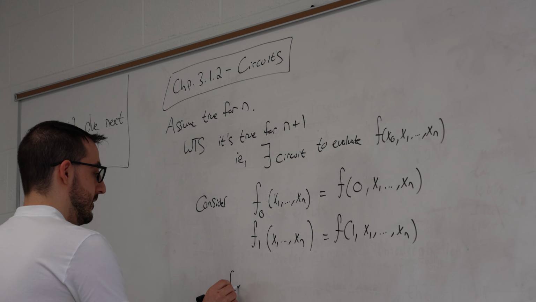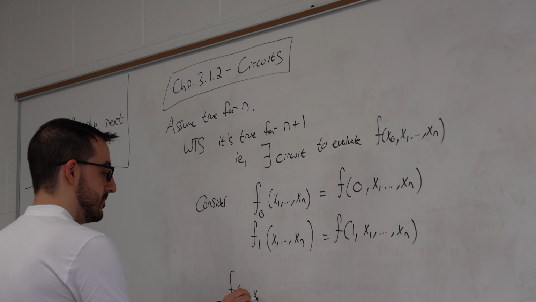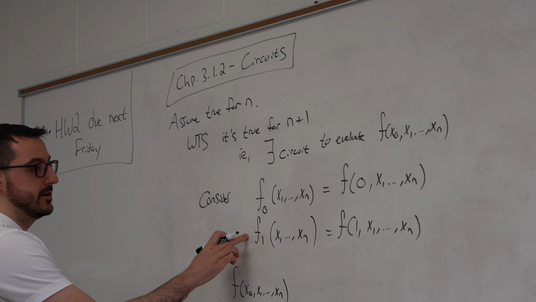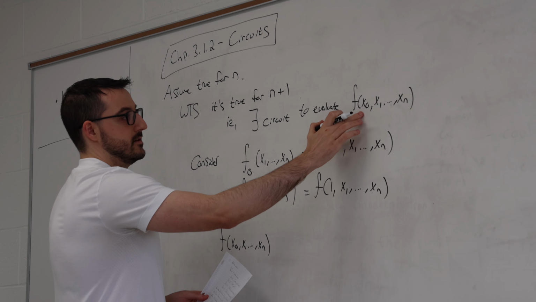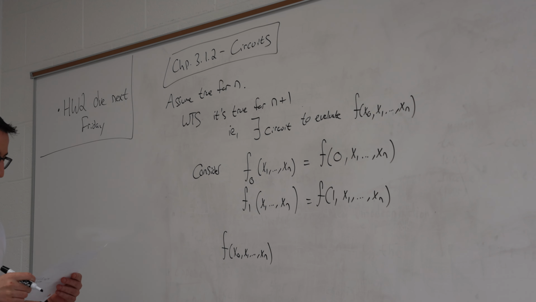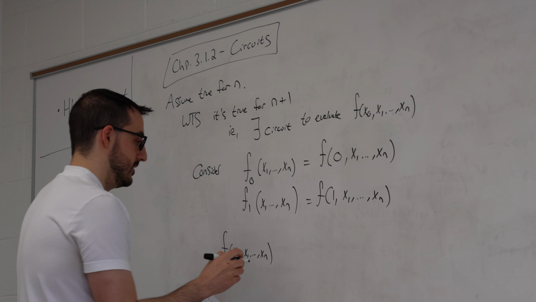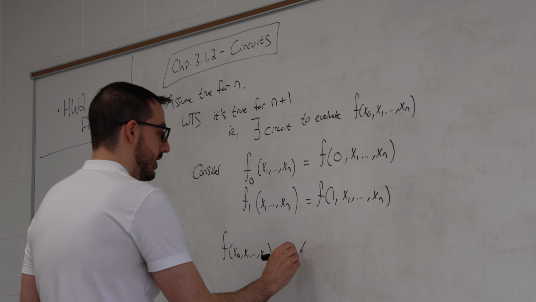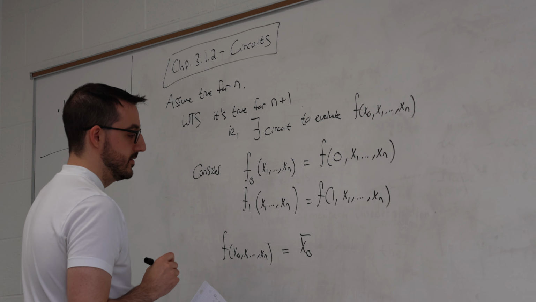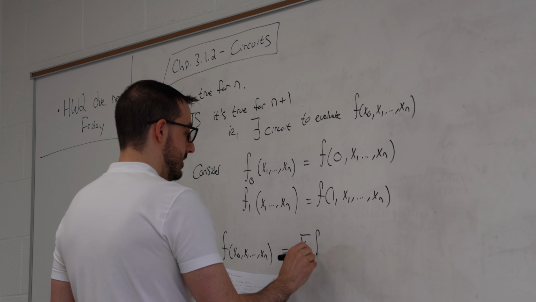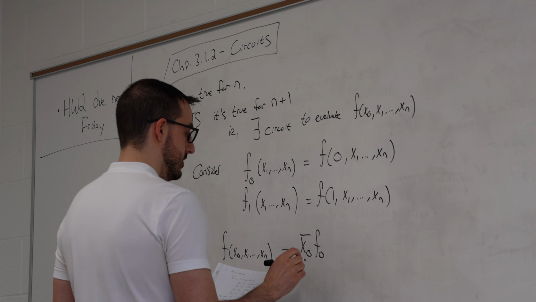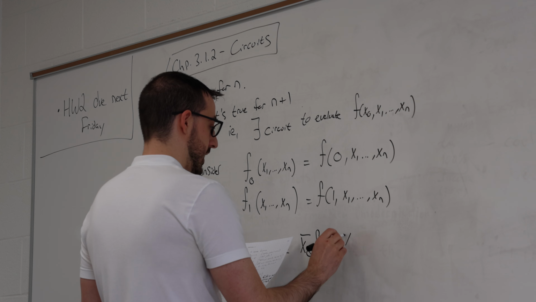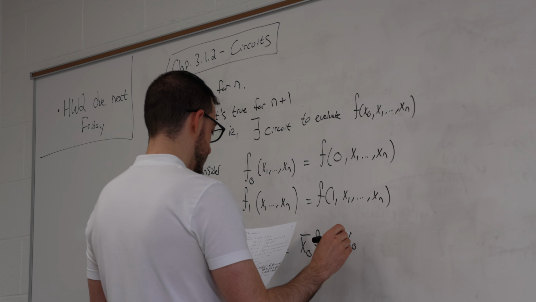So we can write f of x0, x1, through xn in terms of these functions, f0 and f1, and the additional bit that we care about, x0. I'm going to claim to you that I can write this function f in the following way: x0 bar, so not x0, times f0, plus x0 times f1.